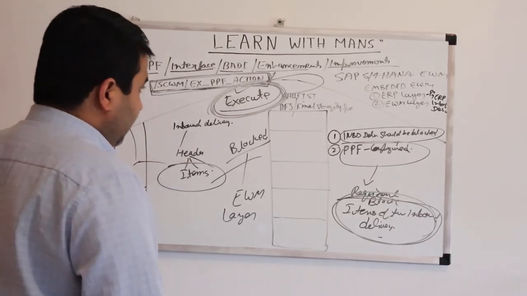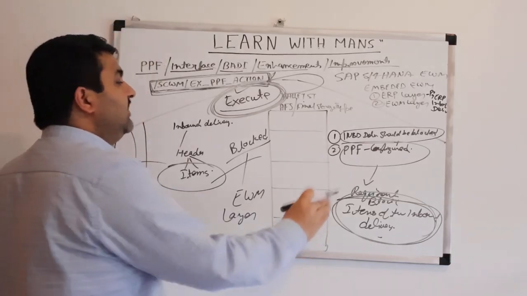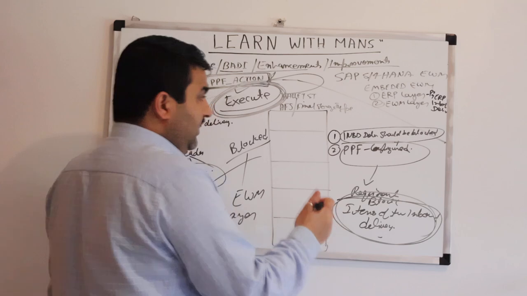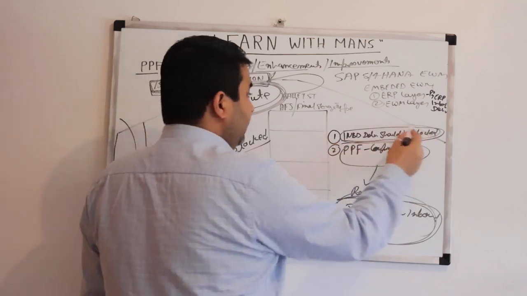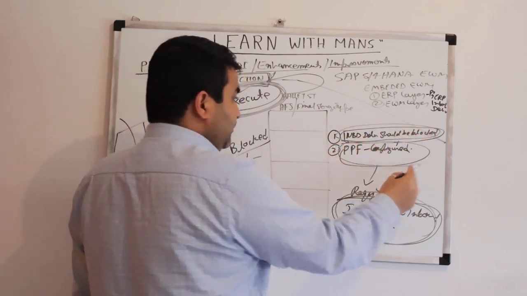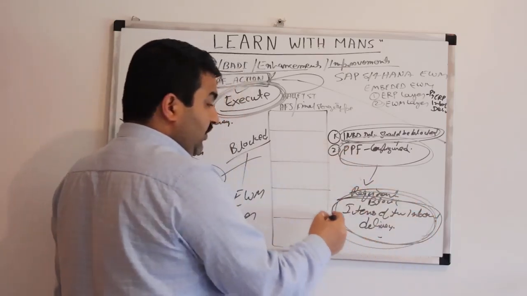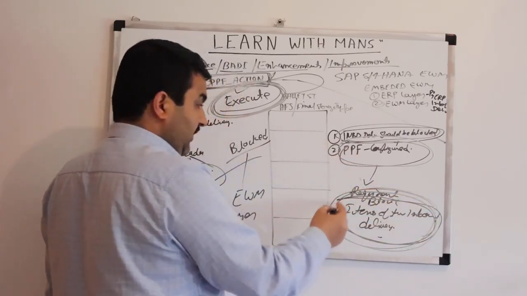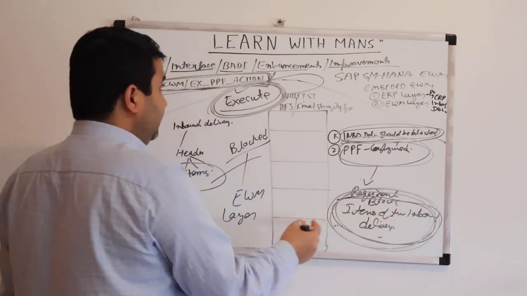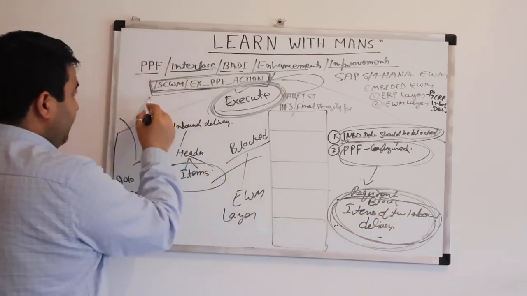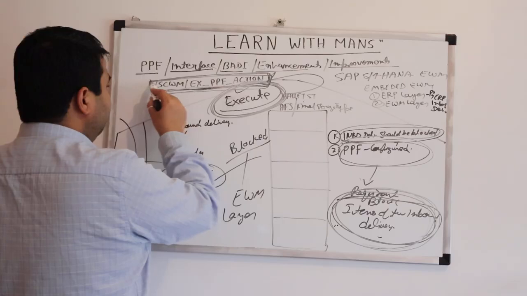So for these kinds of business requirements, where we have inbound delivery, where we have post processing framework, and inside the delivery we want to block the items, this is the important BAdI which we implement.